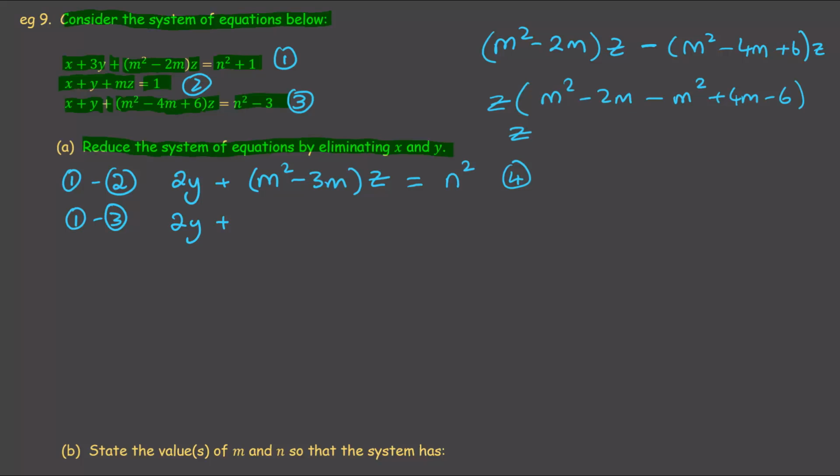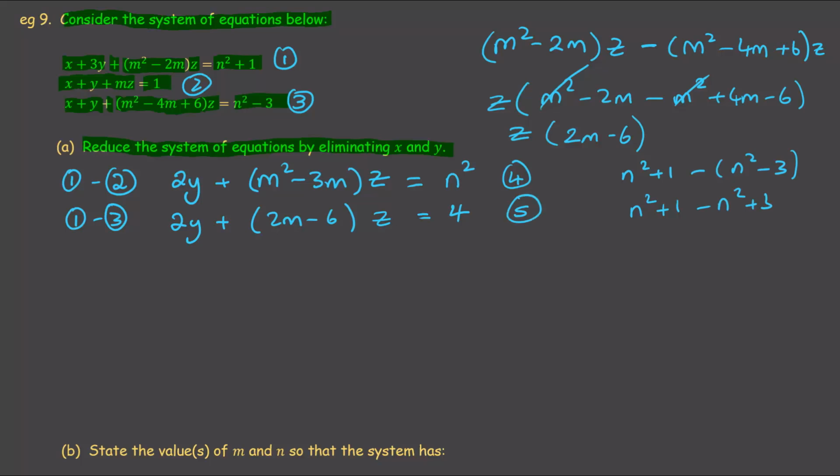And so we can see that the m squareds will go, and it is going to be 2m take away 6. So we have (2m minus 6)z is n squared plus 1 take away n squared take away 3, which is n squared plus 1 take n squared plus 3, and so that is equal to 4. And let's call that equation 5.